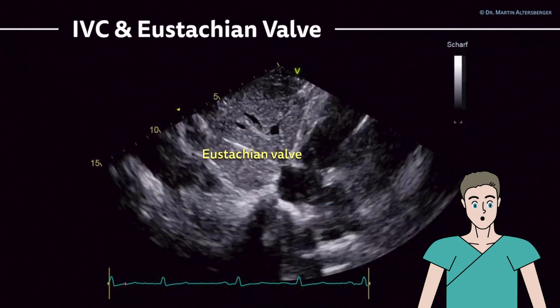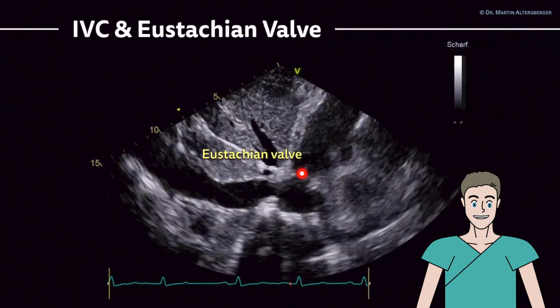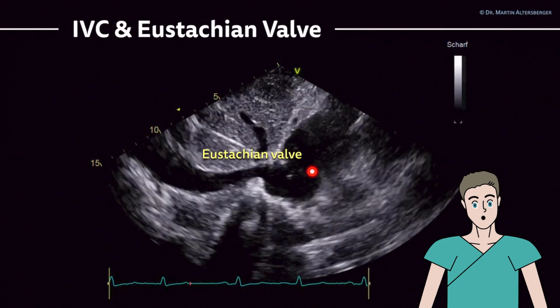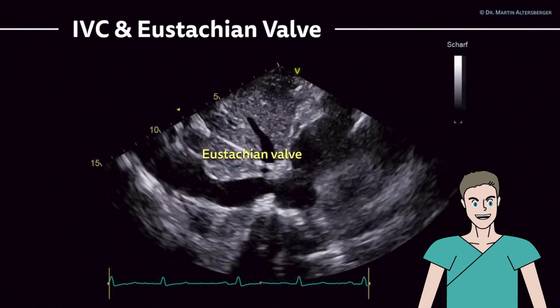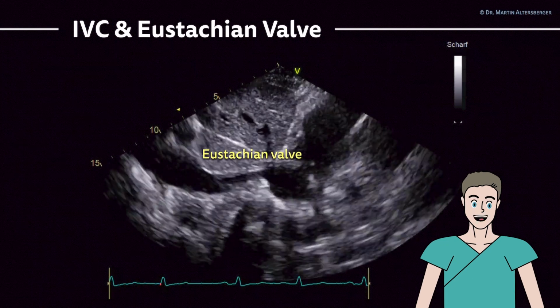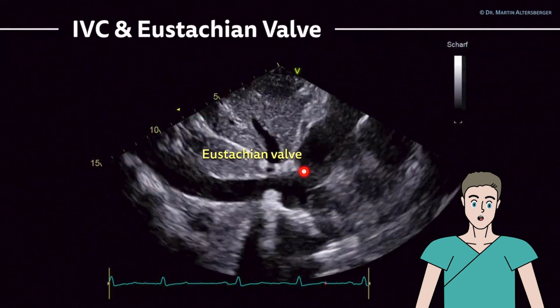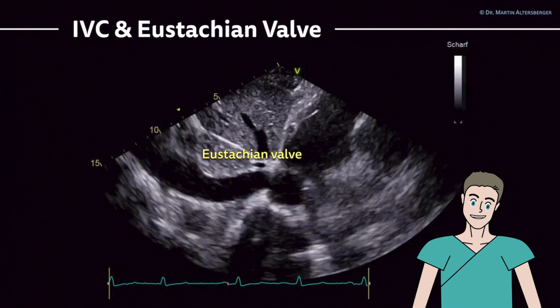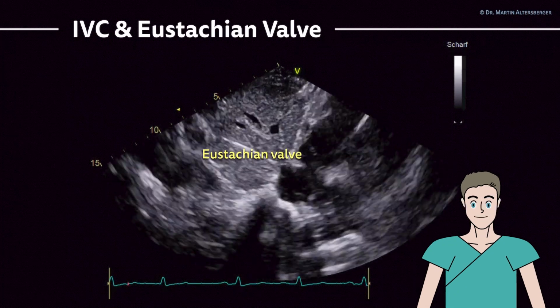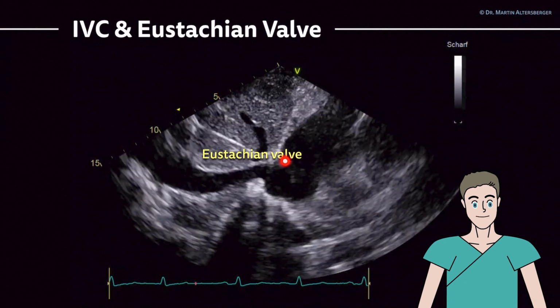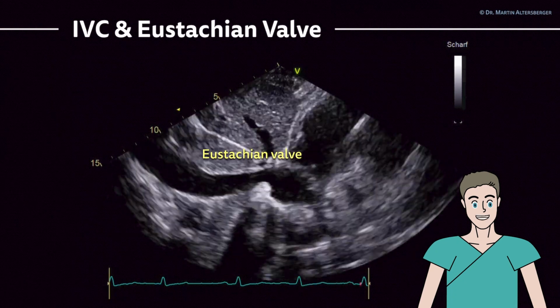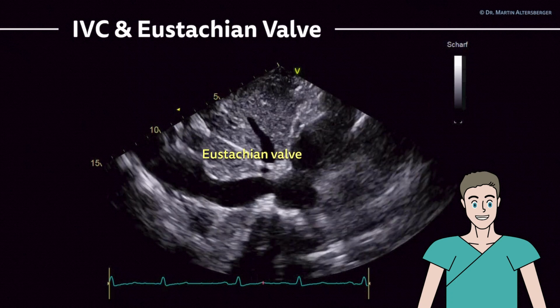Another structure, we already talked about it briefly, is the Eustachian valve. This is a normal structure you have in the embryological state, so you actually need it, but at some point it's not a real valve anymore. It's just very often a structure you can find which is always connected to the IVC, and it doesn't have a pathological nor an anatomical function.